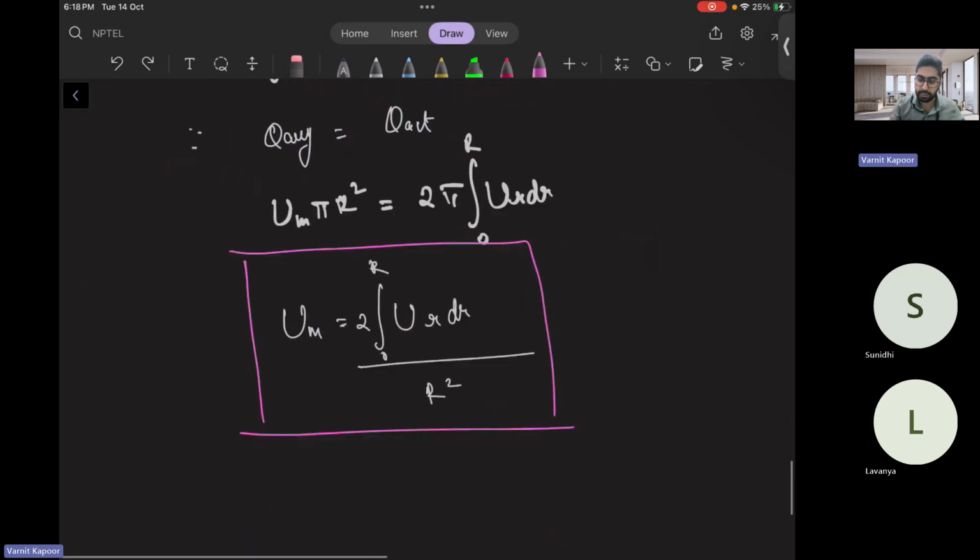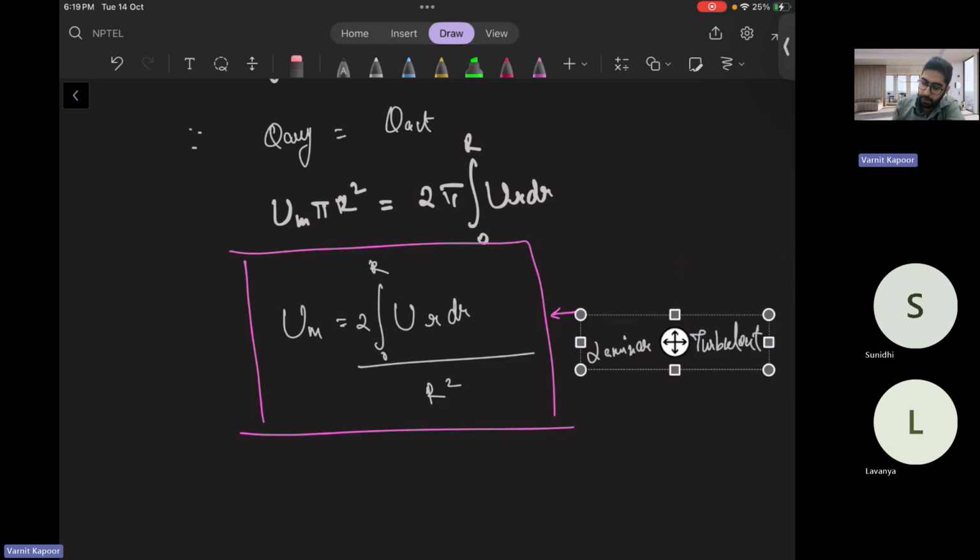The relation I have highlighted is valid for both laminar and turbulent flow, because I have not specified what the velocity distribution looks like.